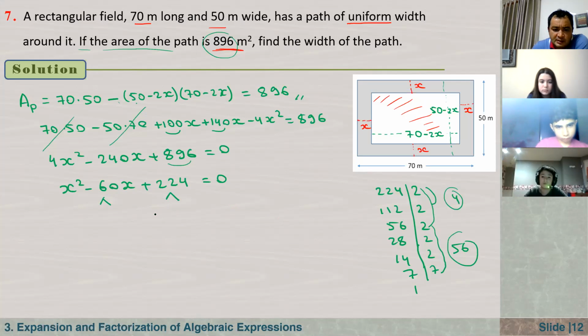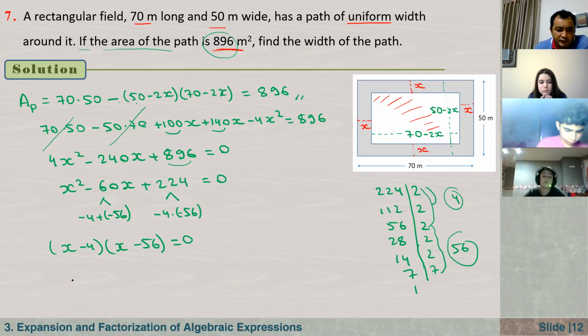So I can write it as minus 4 times minus 56. As you see here, minus 60 is minus 4 plus minus 56. So here we can write x minus 4 times x minus 56, that's equal to 0. From here, x equals 4 or x equals 56.